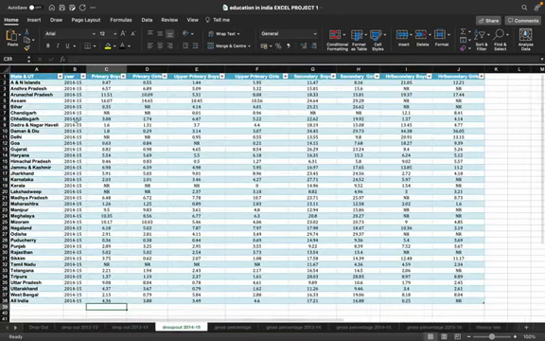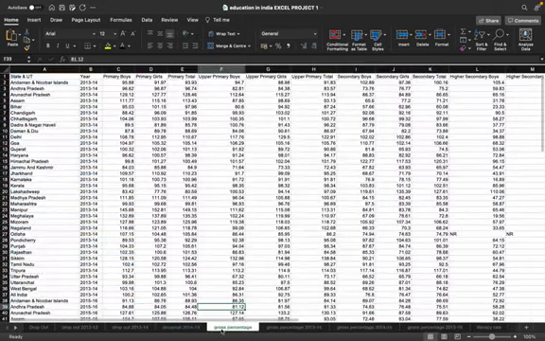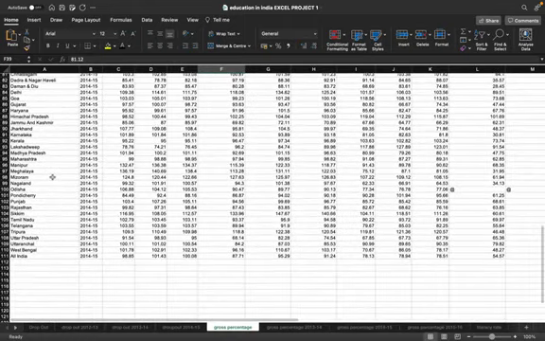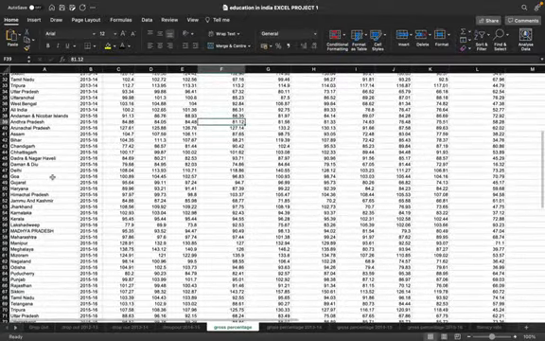And the last dropout between 2014 and 2015. Next, we are going to see about the gross percentage between 2013 to 2016 for the states in India.